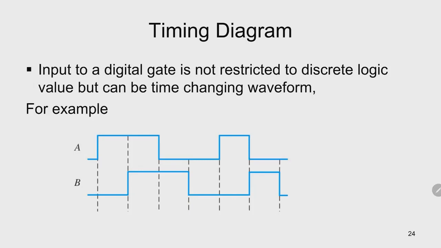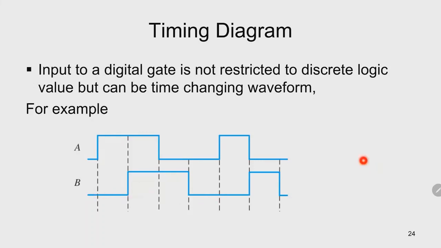The other thing that you need to understand is that your logic circuit doesn't just depend on discrete logic at the input. Sometimes the inputs can be time changing. So for example, if the input is some form of a waveform, then the output will change with time.